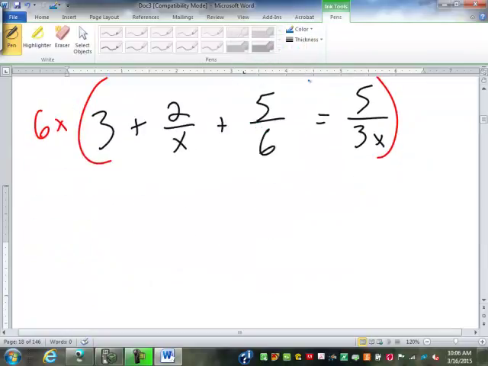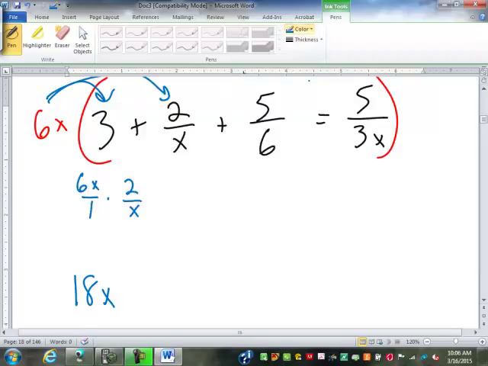So 6x times 3 is 18x. 6x times 2 over x. Like this, 6x over 1 times 2 over x. 6x times 2 is 12x over x. Well, what's 12x divided by x?